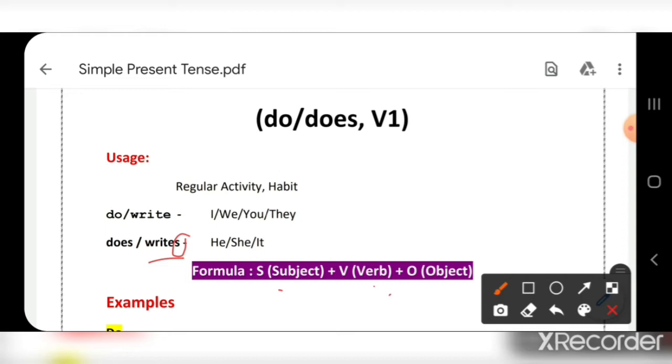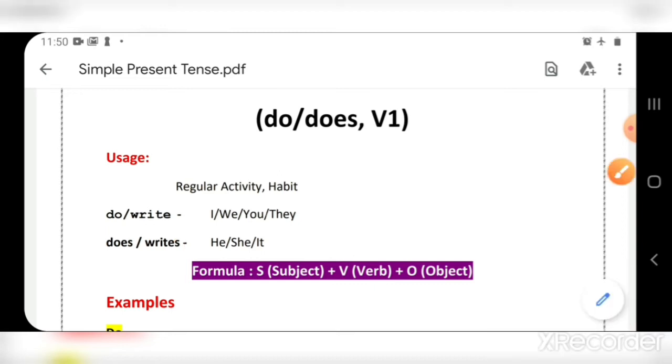Okay, now this was the formula for just positive sentences. Okay, that means there was no not, or there was not a question. Okay, in this sentence, now we would learn how to make questions and how to make a negative sentence.